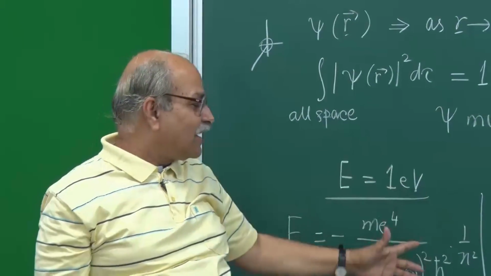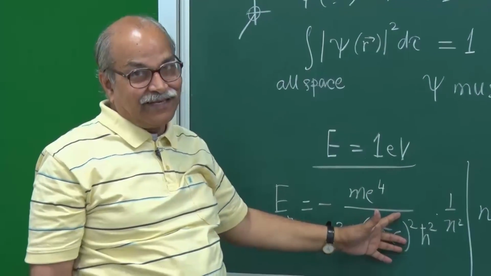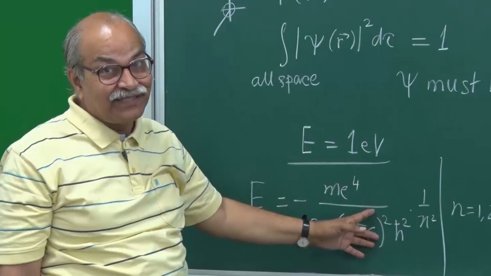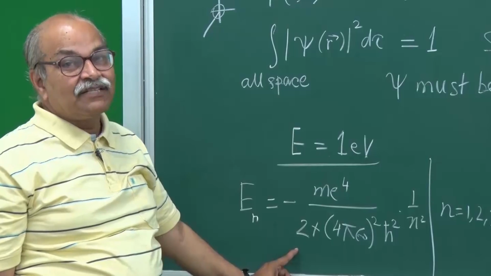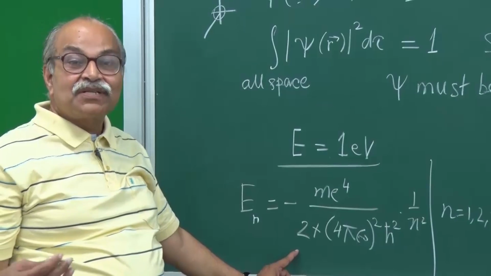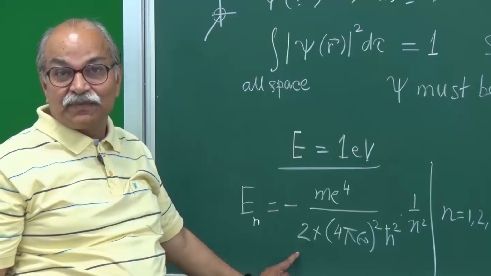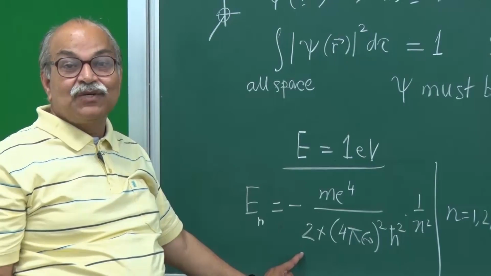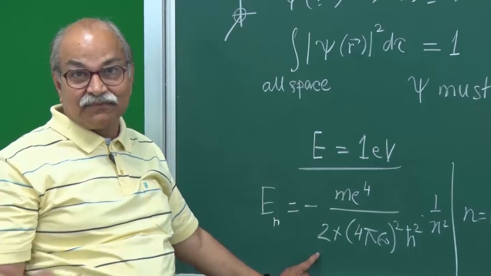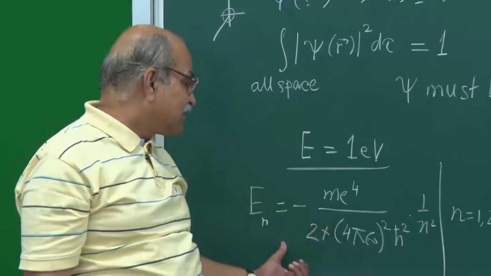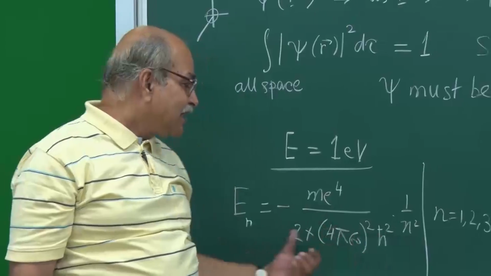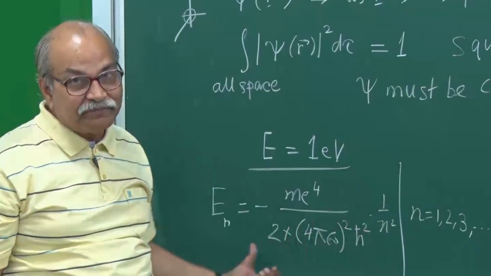So these are the allowed energy states according to the Schrödinger equation. You remember, this is the same expression that we got from Bohr's circular orbit assumptions and L equal to n h cross. So Bohr's model gave me the same expression, and that is why the agreement was so good.